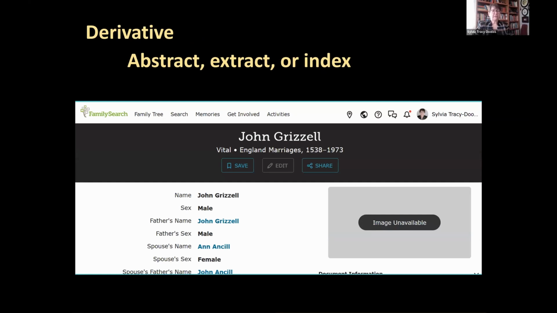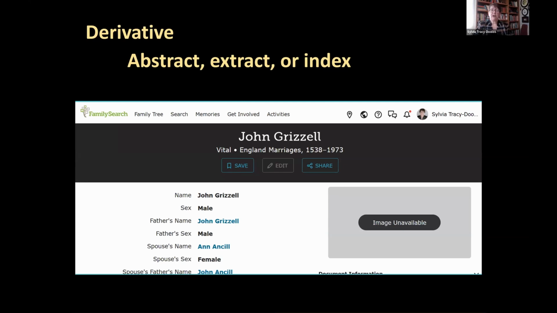Going back to the derivative records, that can be those abstracts, extracts, or indexes. Here's one for John Grizel. I have lots of examples of Grizels and Colemans because that was the first brick wall in Britain that I broke through for my family. So it's one I've researched a lot and made a lot of mistakes in researching as well.